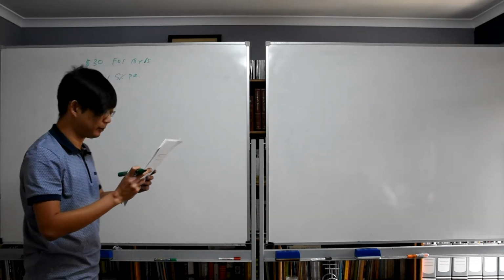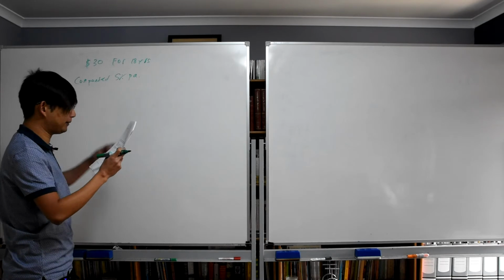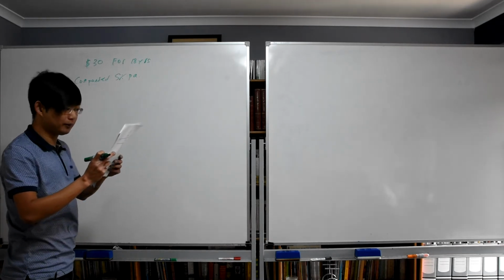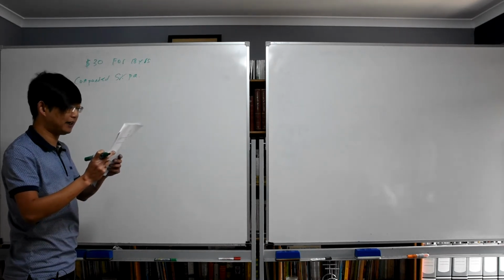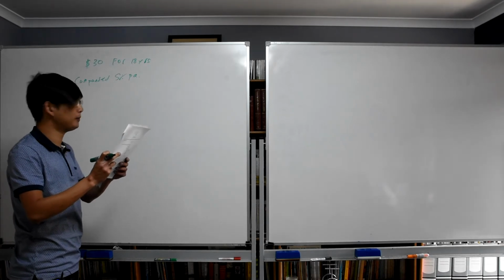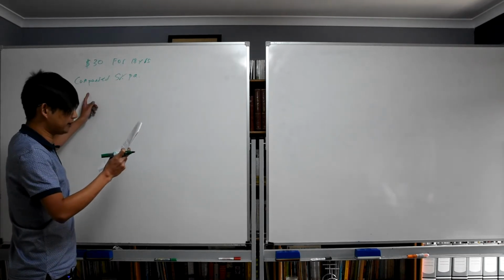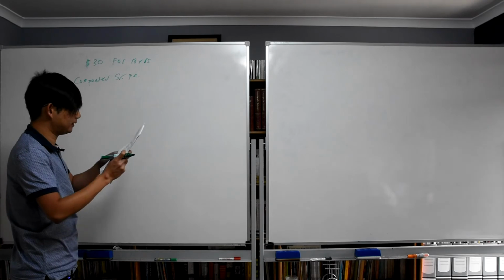A person pays a premium of $30 per annum for 18 years. How much should the person receive as a lump sum after paying the 18th premium, assuming compound interest at 5% per annum?